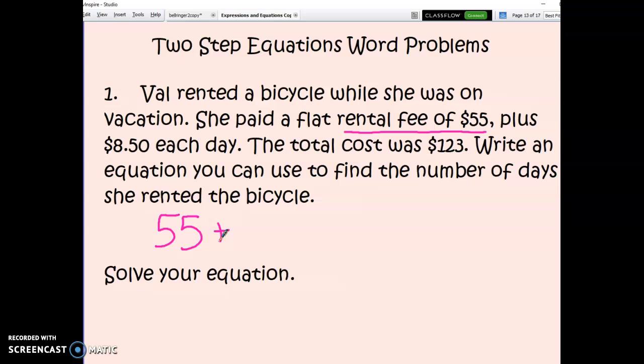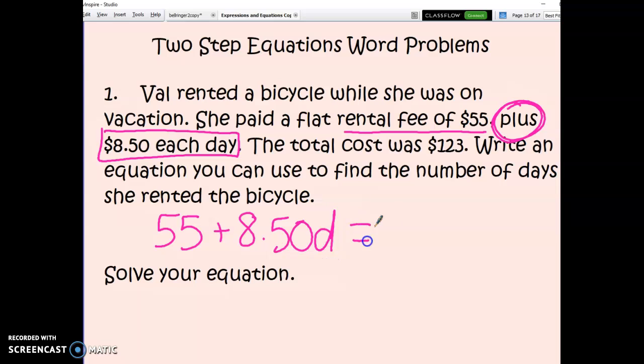And then it tells me $8.50 for each day. Because you're paying $8.50 every single day, that's the same as multiplying $8.50 times the number of days. So $8.50 times the number of days, I'll just use a D, is equal to $123.